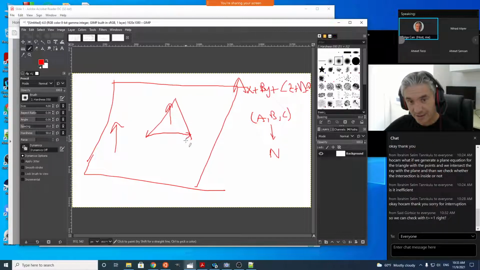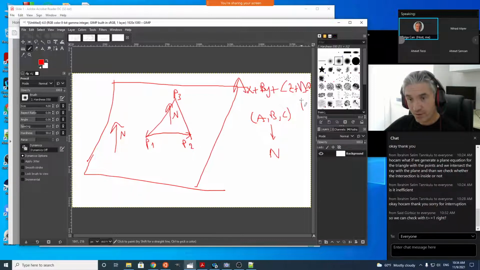Which means that by doing P2 minus P1 cross product P3 minus P1, you can get this normal vector. Since this normal vector is also the normal vector of the plane that this triangle is on, the cross product directly gives you what ABC is. So you find your ABC in this equation with just one cross product.